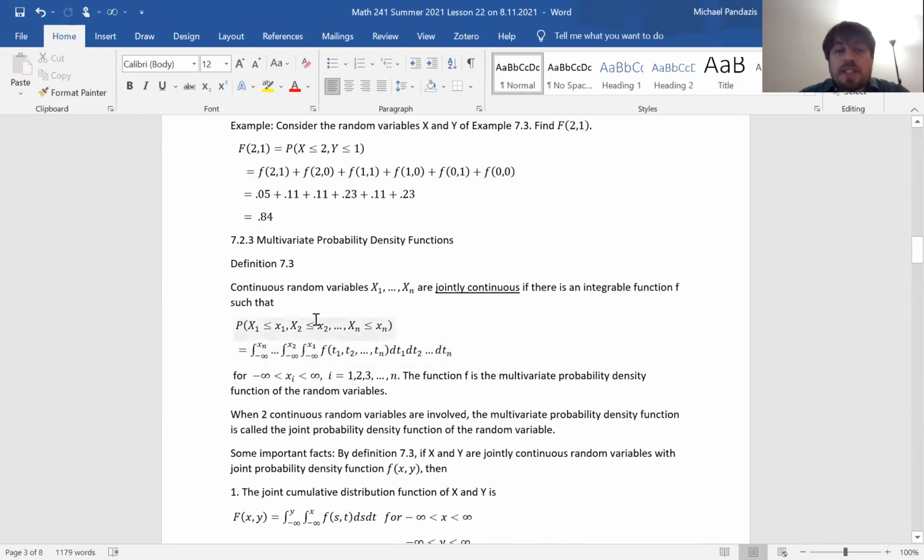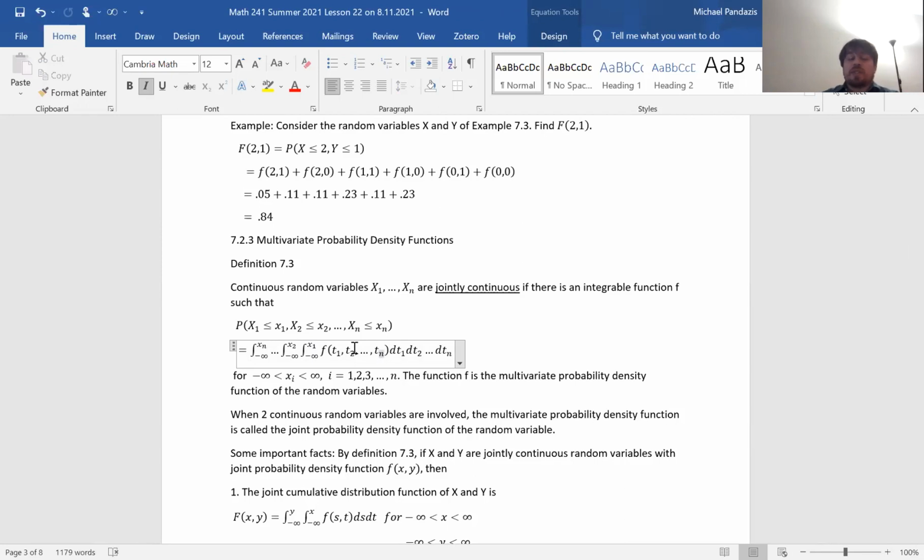So you're just finding the area underneath an n-dimensional curve that exists underneath the value of a function that has n variables. So f of t1 to tn is the value of a function with n variables.